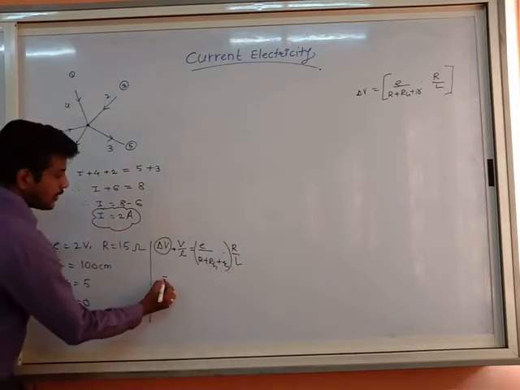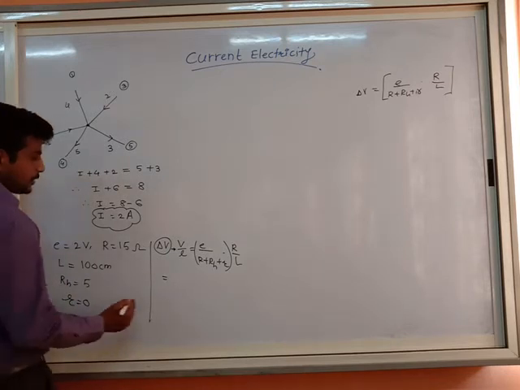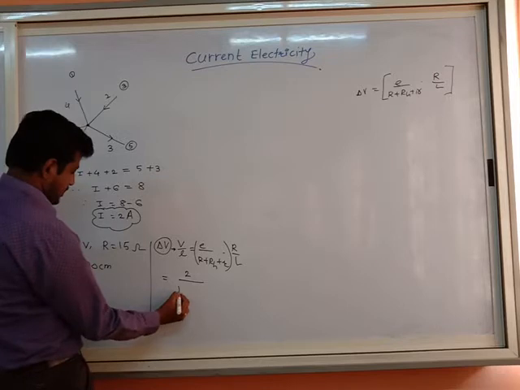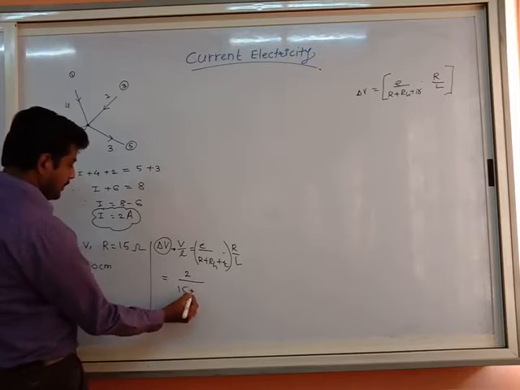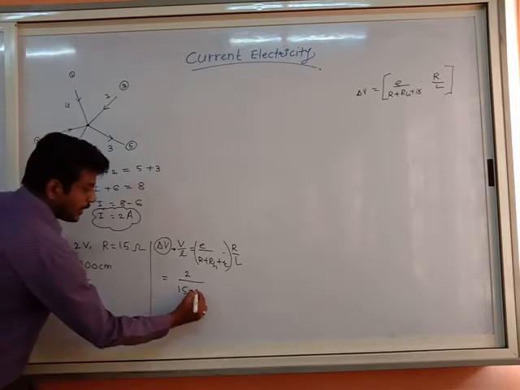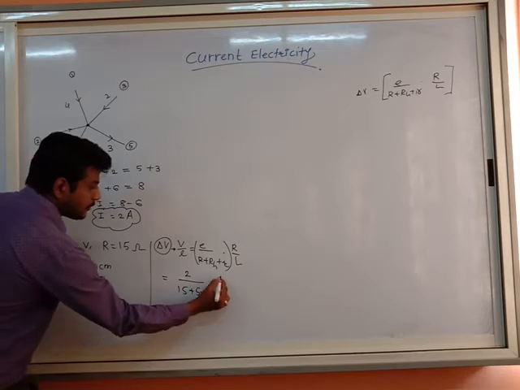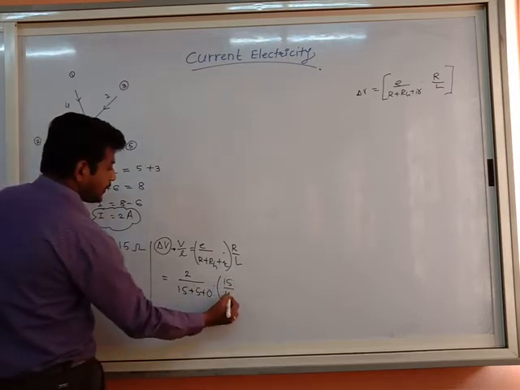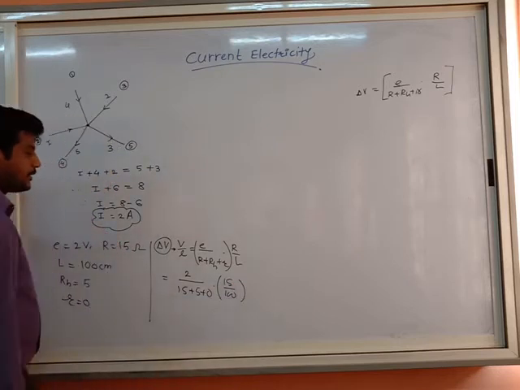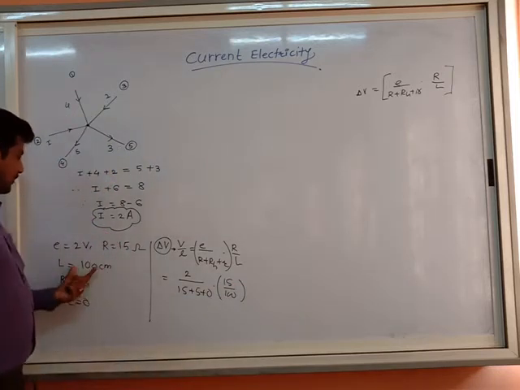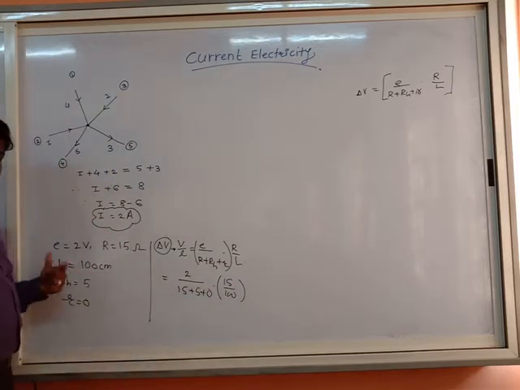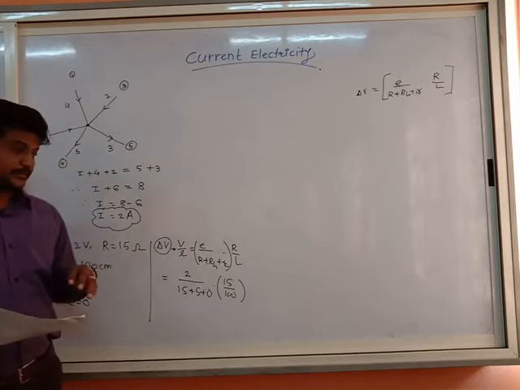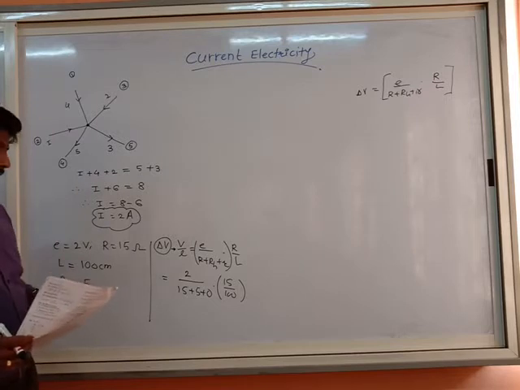So E is equal to 2 upon 15 plus 5, internal resistance is 0, R by L is 15 by 100. Now one thing here: length is given in centimeter, and the options are in volt per centimeter, so there is no need to convert centimeter into meter.